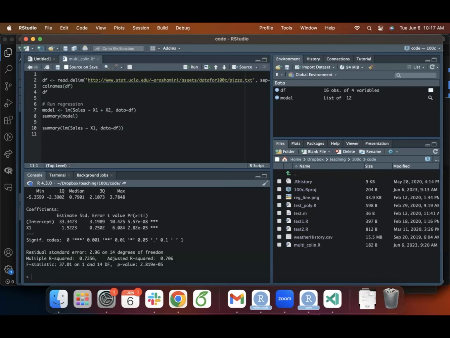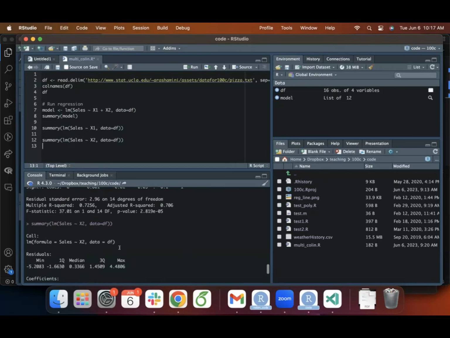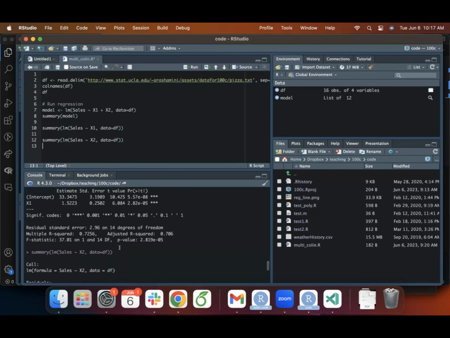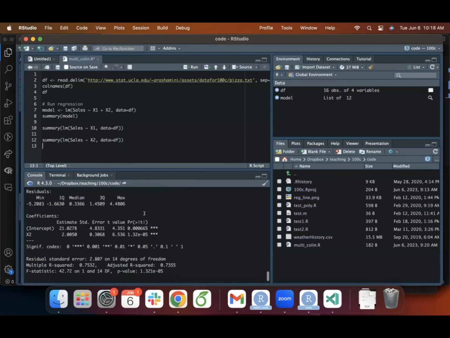And if I do it against X2, it also should be highly significant, right? But the p-value is hopefully smaller. Yeah, it's like 2.22 to the -5. This is 1 to the -5, right?